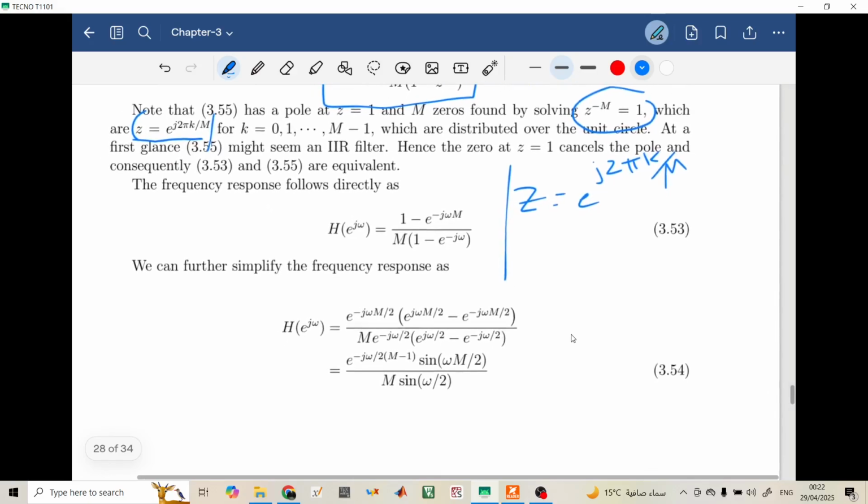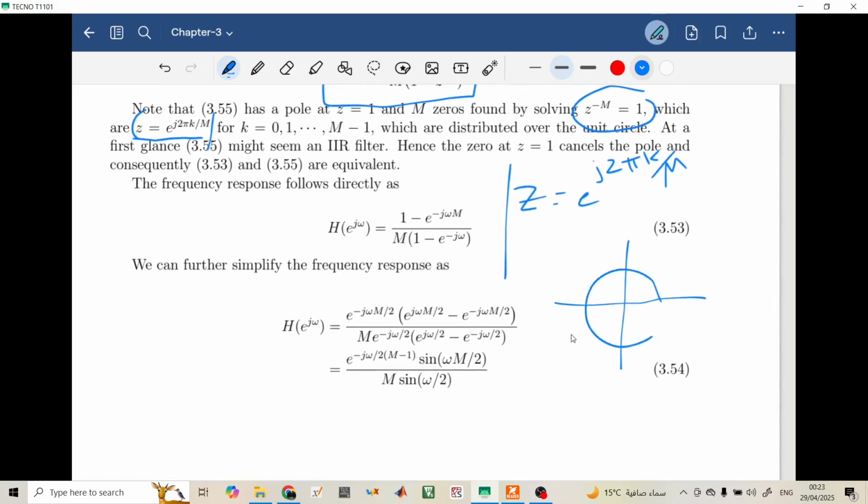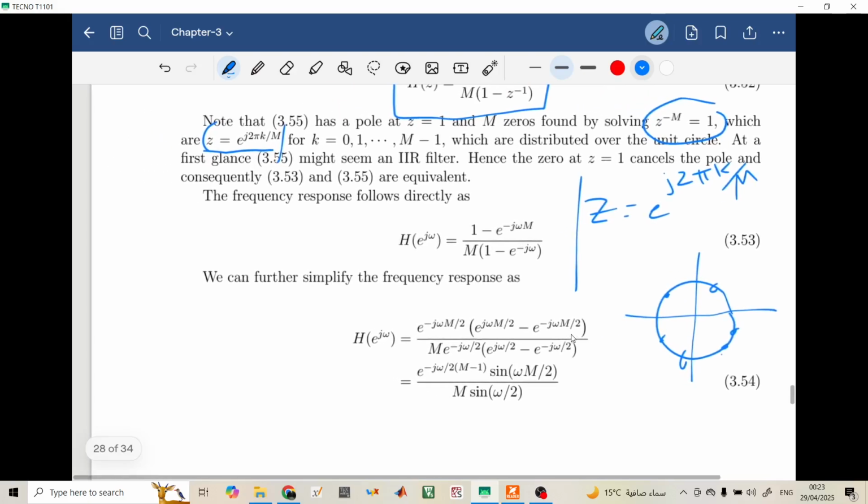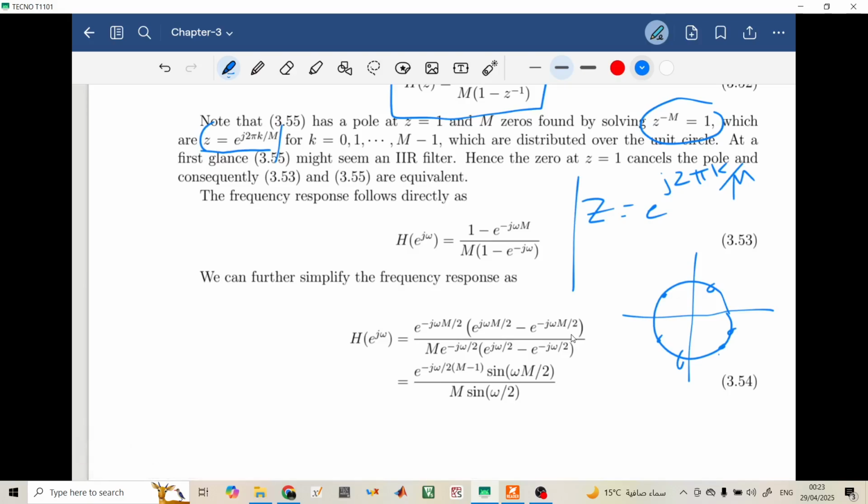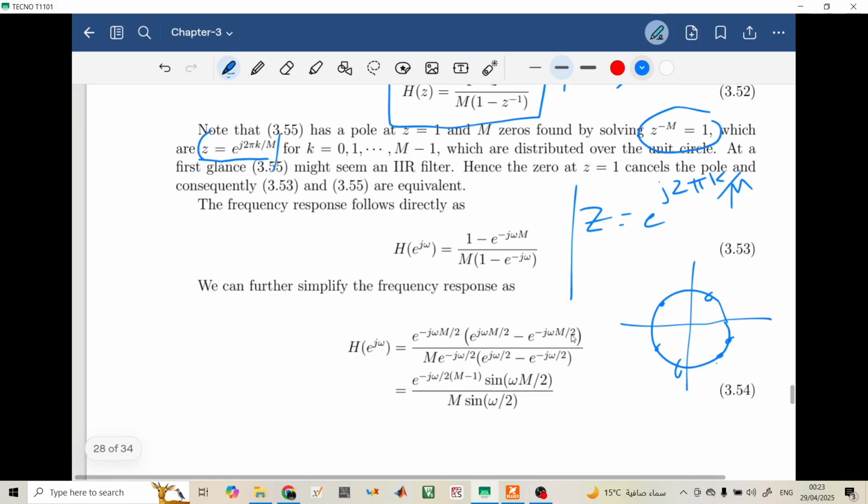So what we're doing here actually is that we are taking the unit circle where the magnitude of z equals 1, and we're dividing it into m points in a uniform manner. So we have m zeros as a solution for this equation, and k is a counter from 0 to m minus 1.